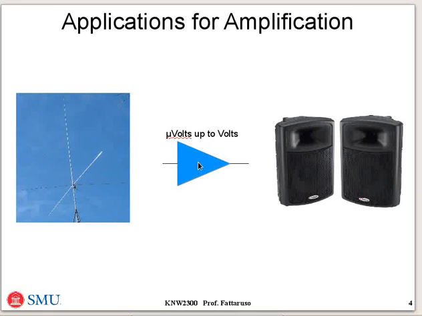And if you wanted to play that radio broadcast on, say, a speaker system and listen to it, the speakers need signals on the order of volts to be audible. So that requires a radio receiver with gains, amplifications, into the millions. Of course, there's other signal processing that goes on in radio receivers, filtering and tuning and demodulation and so on. But overlying it all is a tremendous amount of voltage gain in a typical radio receiver.